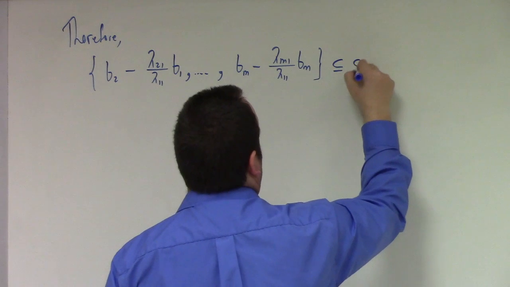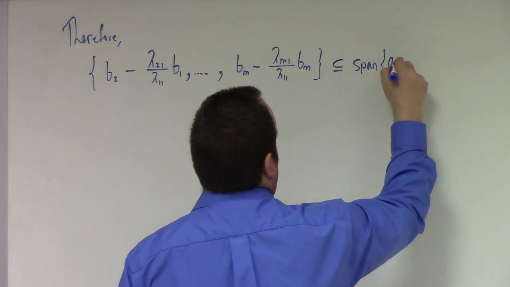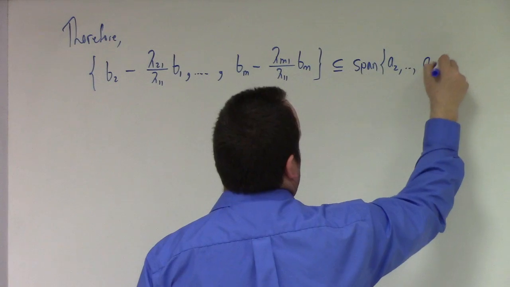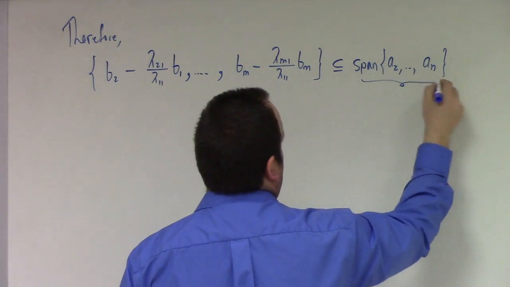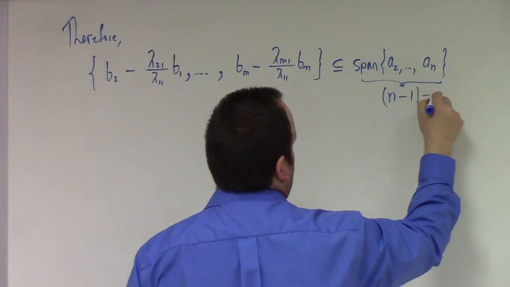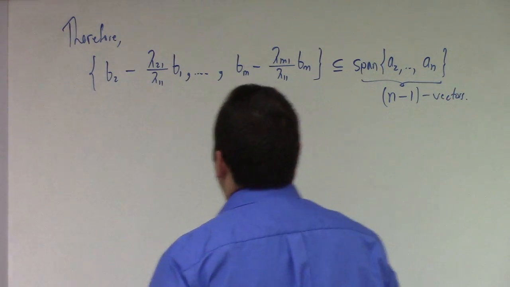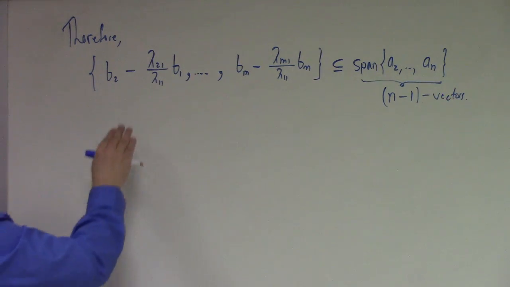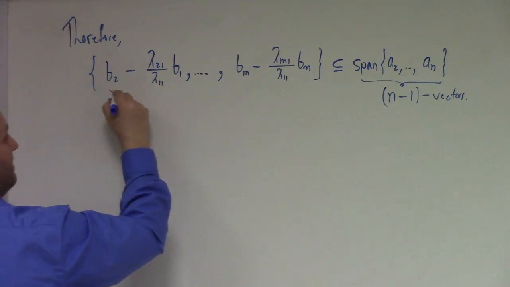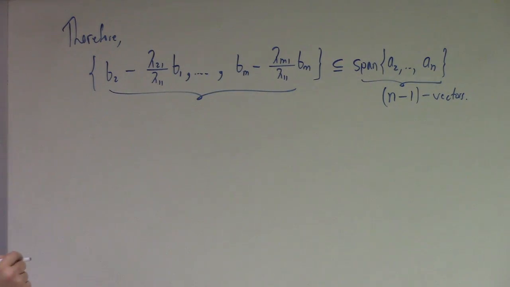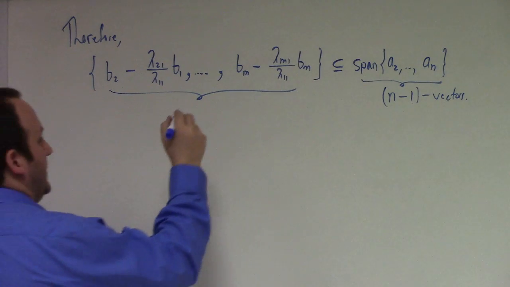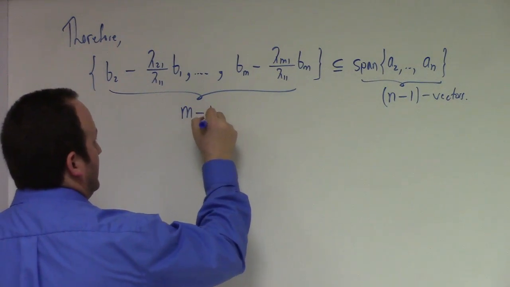Well, this is a subset of the span of a2 through an. So of course this is how many vectors? Counting, how many are there here? Yeah, m minus 1, as in m as in mummy.